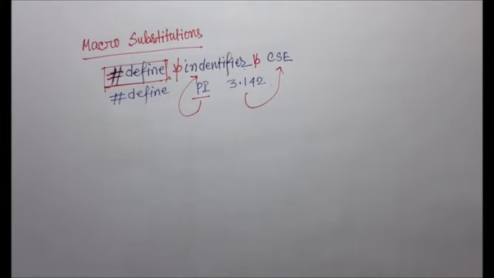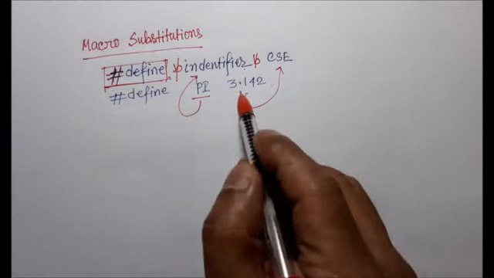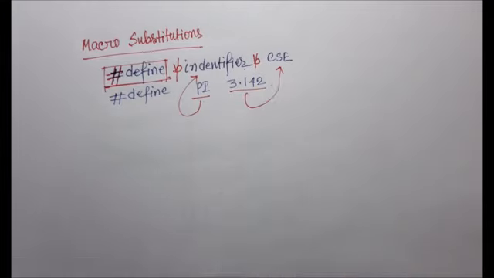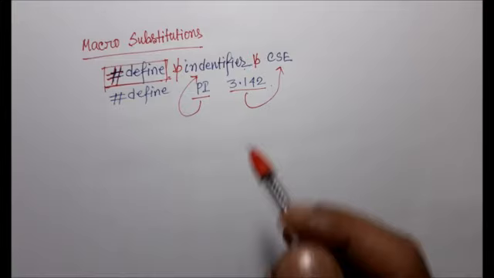The identifier is any valid C identifier, or conventionally we write it in uppercase. And the third one may be a constant, where the value is fixed, or any expression or symbolic constant, but at the end there is no semicolon.